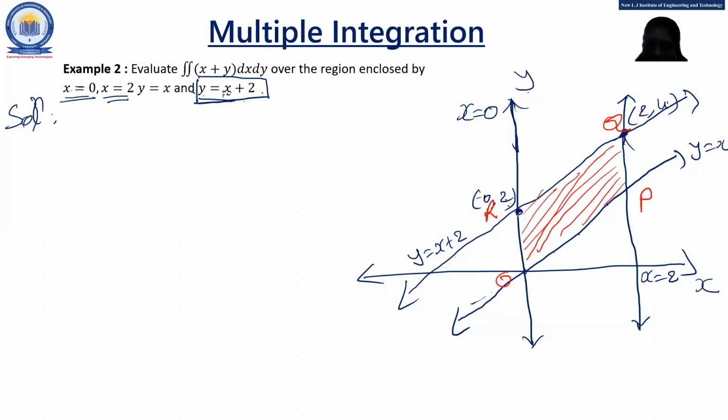See, x equal to 0 means this line, y equal to x means this line, x equal to 2 means this line, and y equal to x plus 2 means this line. So this is my region of integration, which is bounded by these 4 lines, x equal to 0, y equal to x, x equal to 2, and y equal to x plus 2. Okay, so let's start the solution now.